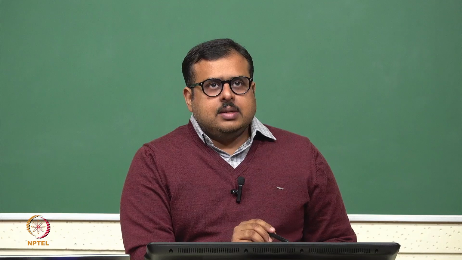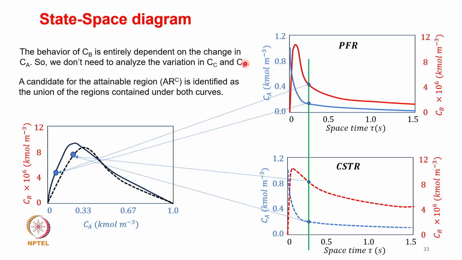Okay, so now let's see what's happening. You can see the behavior is entirely dependent upon the change in Ca. So we don't need to analyze the variation of Cc and Cd at the moment. A candidate for the attainable region is identified as the union of the regions contained under both curves. You can see that your solid line, representing a PFR, has an edge at certain points, and the dashed line, represented by CSTR, has an edge at certain points.